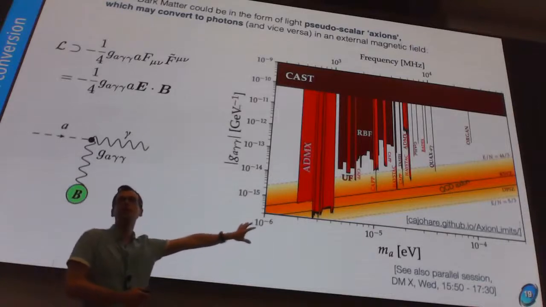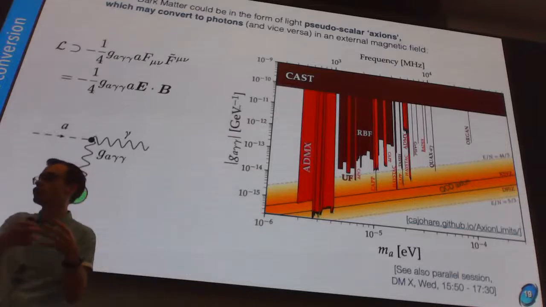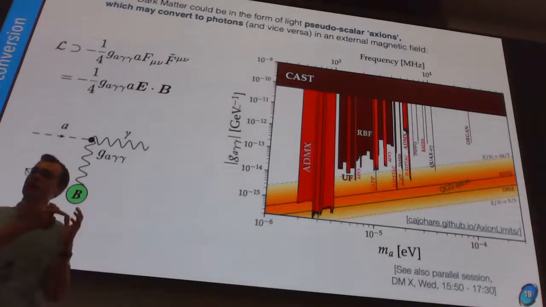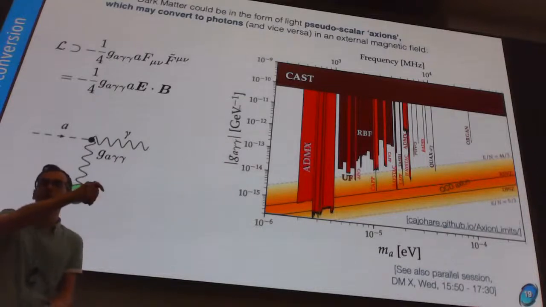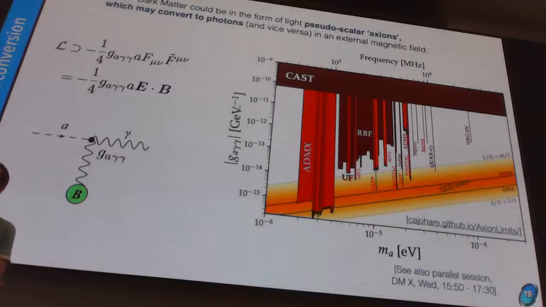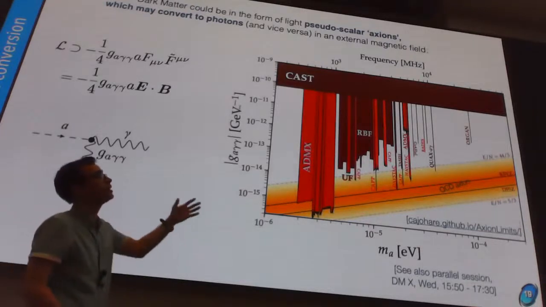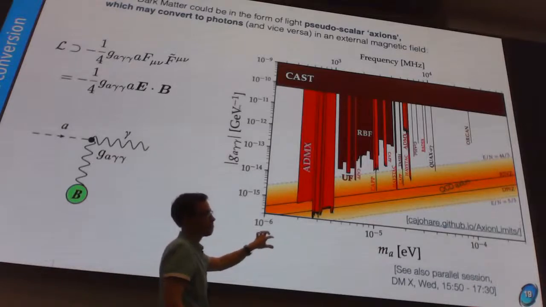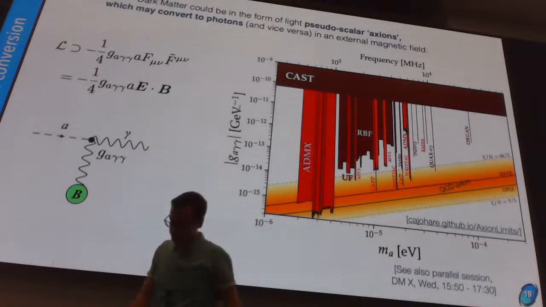And so what has been done for the last 10, 20 years is that people have been building Earth-based detectors, lab experiments, trying to look for this conversion of axions into photons by building basically a radio cavity, a resonant cavity, surrounding it with a strong magnetic field, and then looking for radio photons coming out. The reason it's radio photons you're interested in is just because of the typical mass range of what's called the QCD axion.